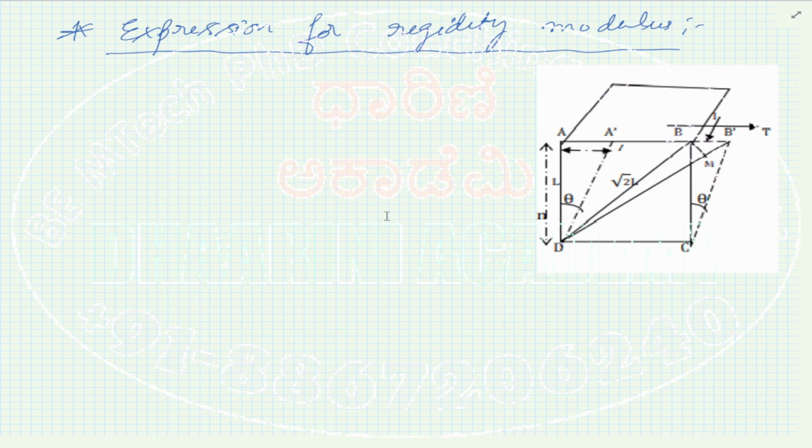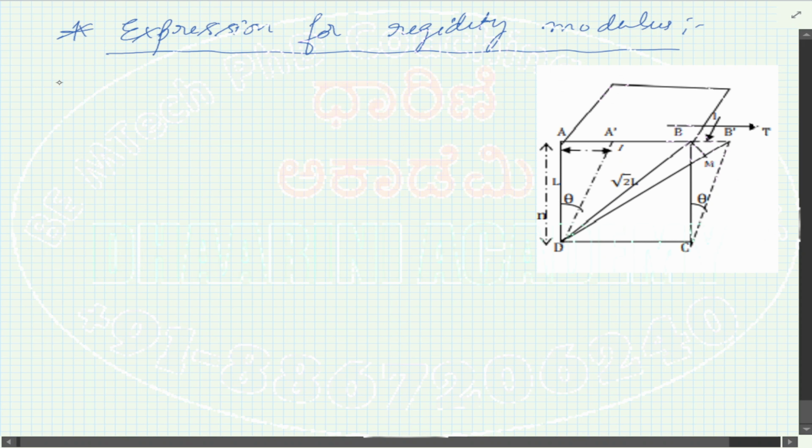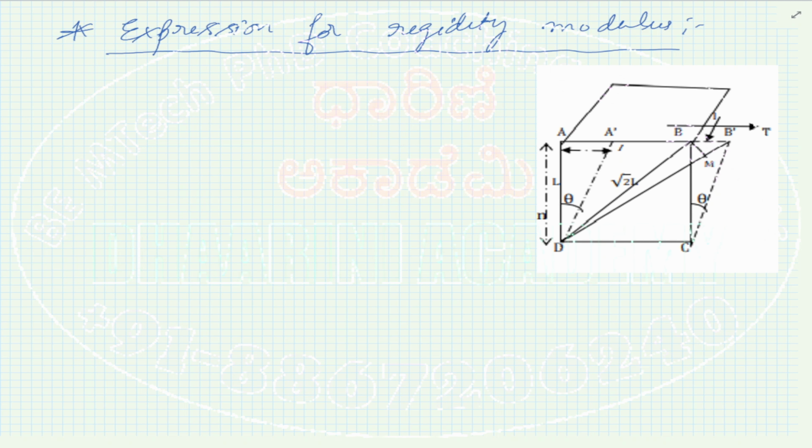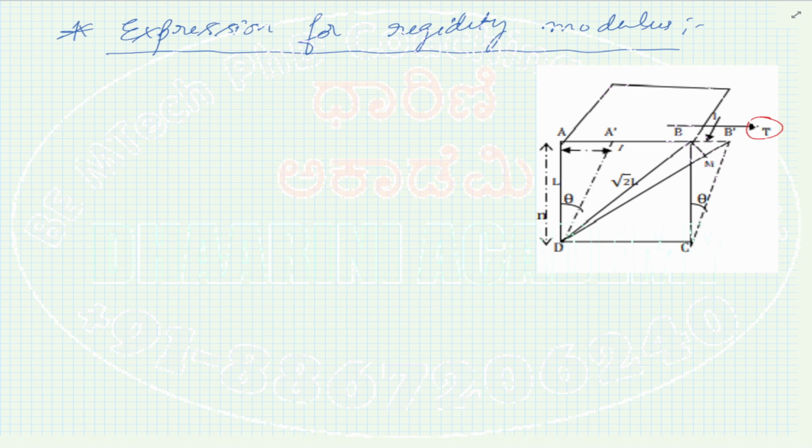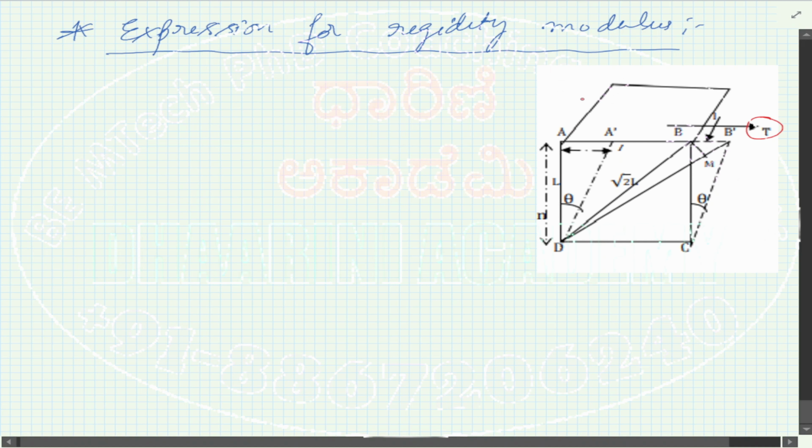Okay, so bottom is fixed. You can see that the bottom is dotted lines, which is fixed. And the top face of the cube, we are trying to apply a tangential force that is denoted by T. So I can see that it is a tangential force, which means it has to apply parallel to that particular surface.